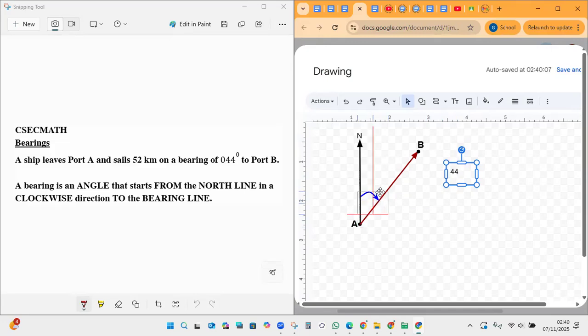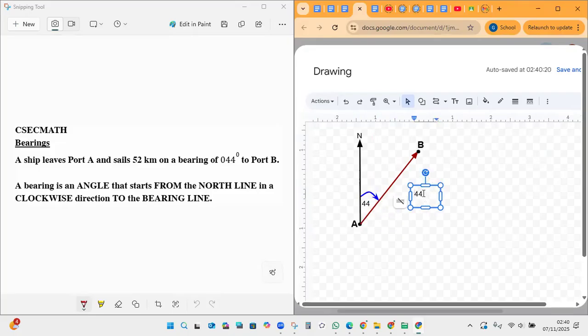I'm missing the little superscript for the degrees, so we can just put 44 there and 52 kilometers. That's the length of the bearing line. The north line doesn't have any length.